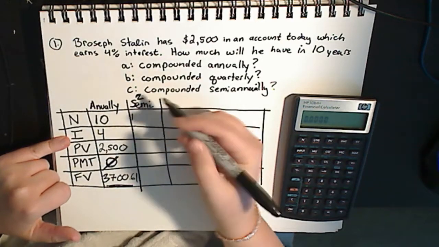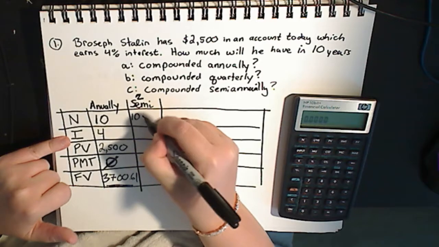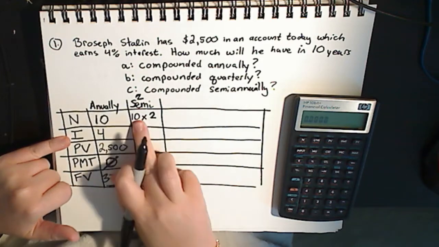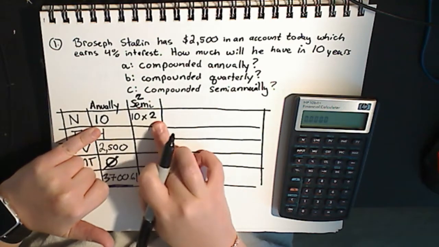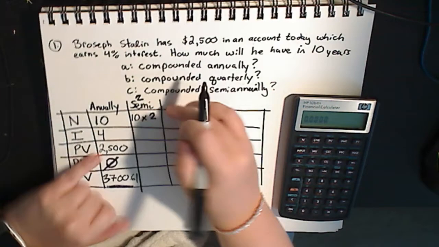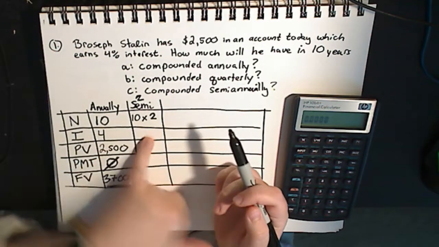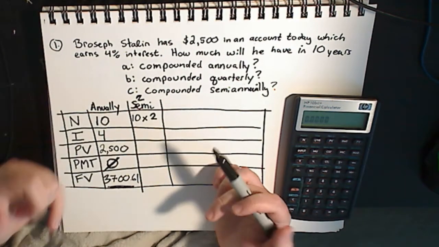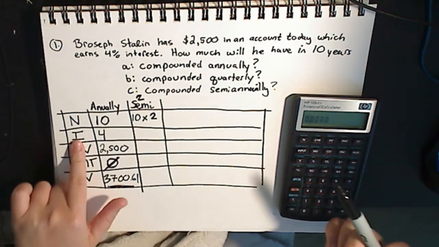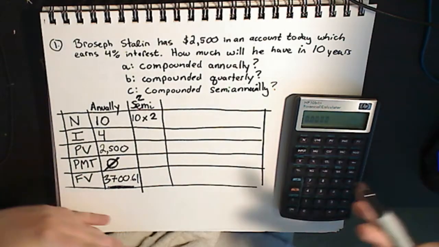N, we're going to do the amount of years times the periods per year. So that'll be amount of years, 10, periods per year is 2, semi-annually. For the interest rate, because obviously he's not doing it for 20 years, he's doing it for 10 years with 2 payments a year, we've got to adjust this annual interest rate to not completely blow out our numbers.